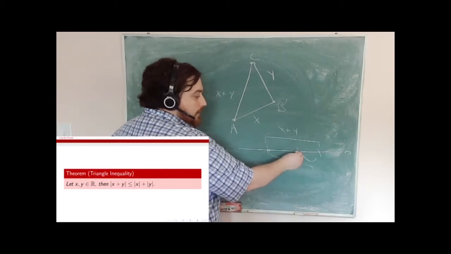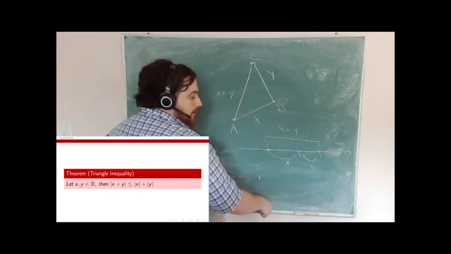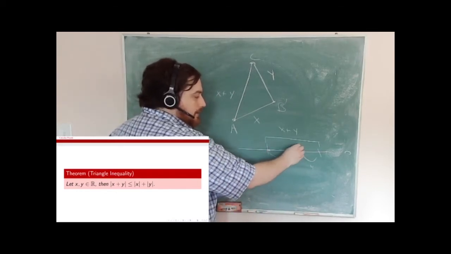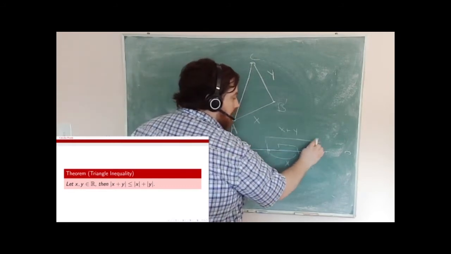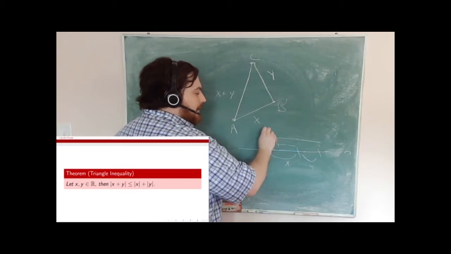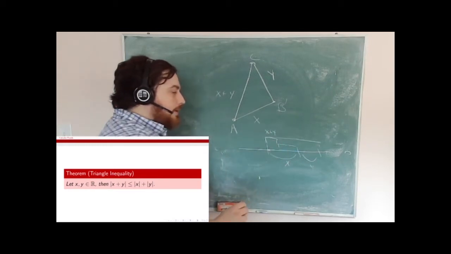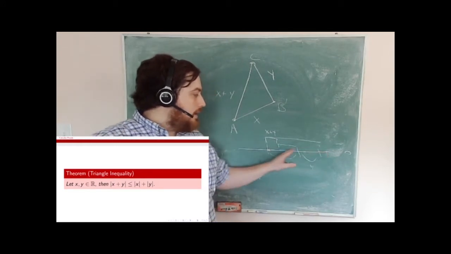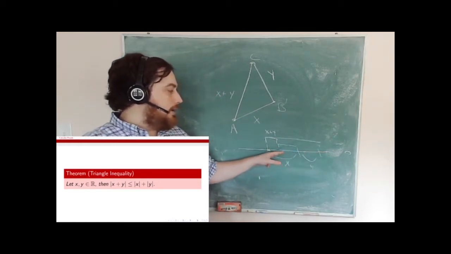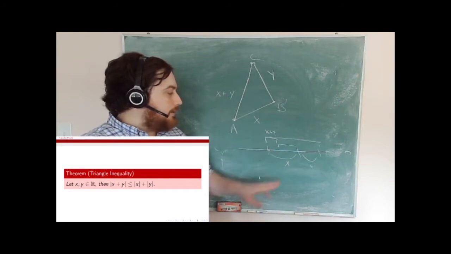Whereas if y and x went in different directions, I'd move this far in the x direction, then this far in the y direction. So x plus y in this case would just be this portion here. But if I move the absolute value of x and the absolute value of y, I had to move farther to get here than if I had just gone directly from here to here.